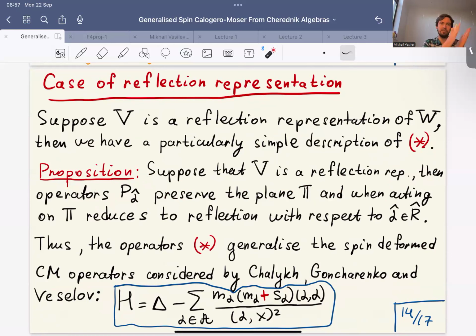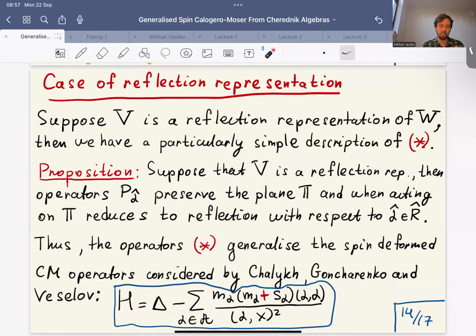If V is a reflection representation, then the claim is that the P alpha hat operators, first of all, preserve the plane pi, and they really act as a reflection with respect to the projected root alpha hat.